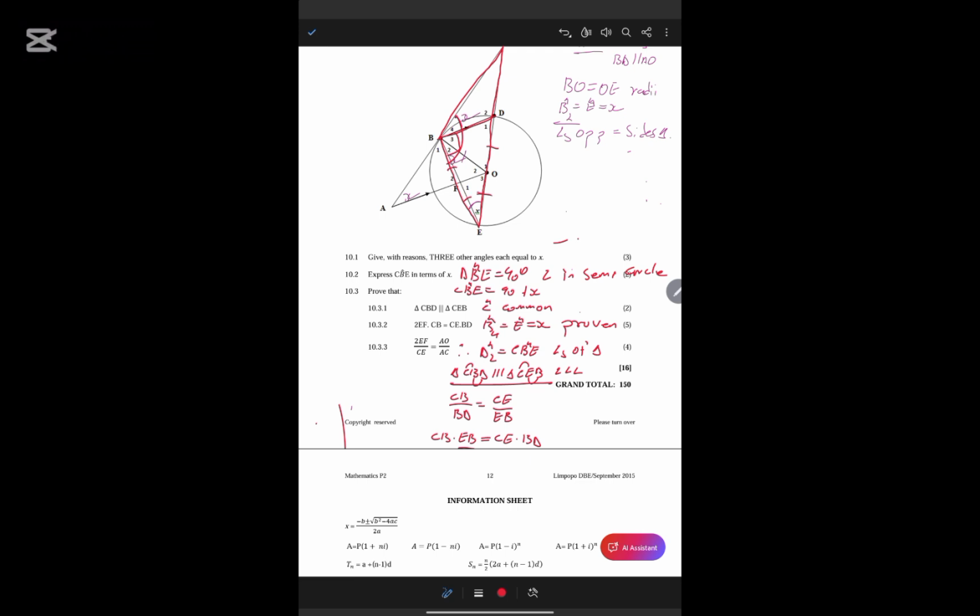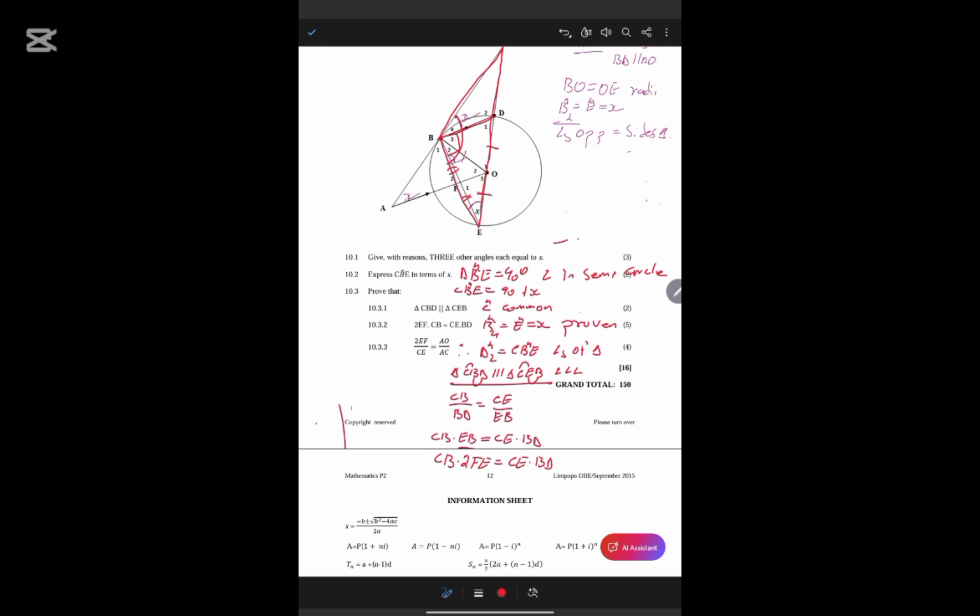Therefore, BF is equal to FE. Or you can use proportionality. Instead of BE, I'm going to rewrite BE as BF plus FE, but BF is equal to FE. So this is CB times 2FE is equal to CE times BD.